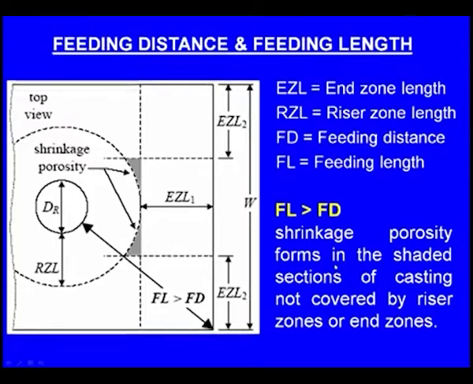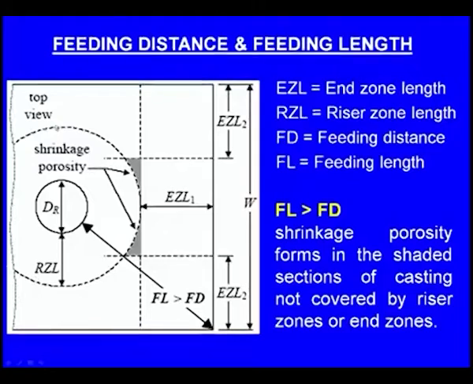Shrinkage porosity forms in the shaded sections of the casting not covered by the riser zone or the end zones. For example, up to this much portion the casting is covered by the riser zone, so there is no possibility of formation of a shrinkage cavity up to here. This much portion is the end zone, so there is no chance of a shrinkage cavity because of the end effect.